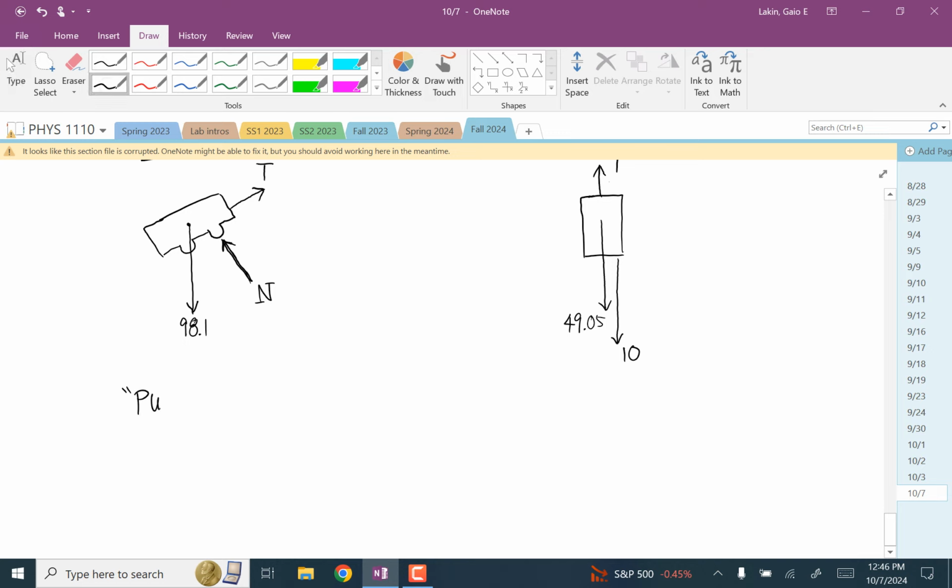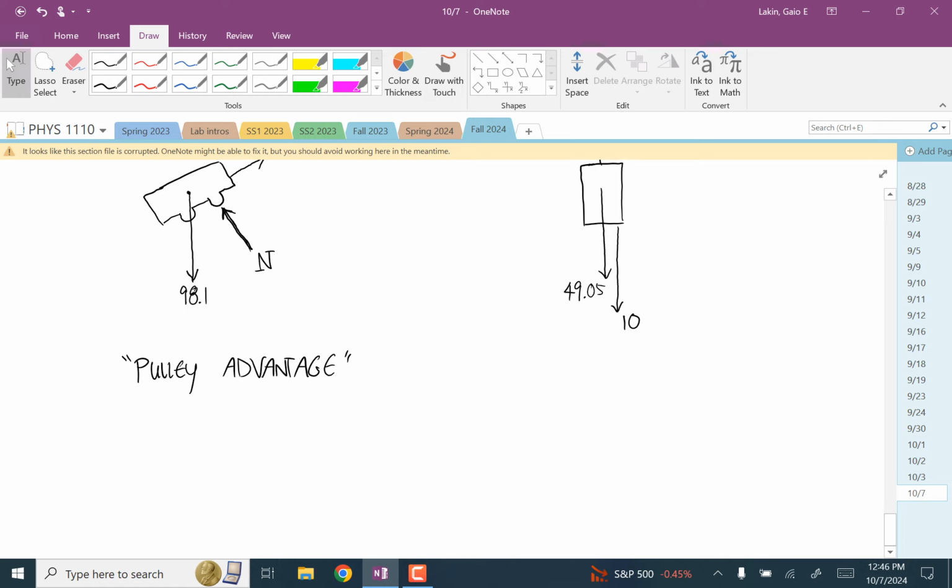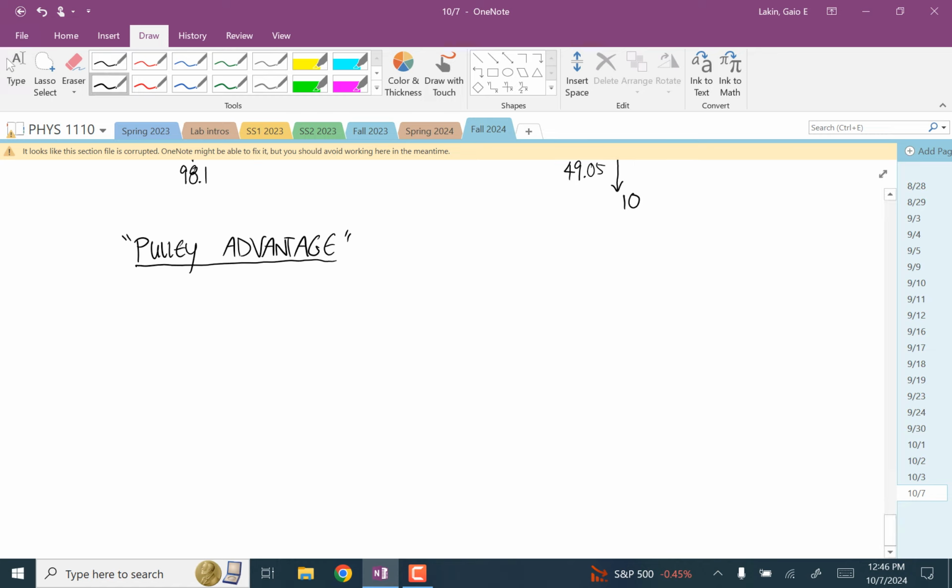So this is pulley advantage. But it's not really about the pulley specifically. It's really just about a certain smart way to configure pulleys. But I want to show you how this works kind of. So let's imagine that there's a ceiling here.